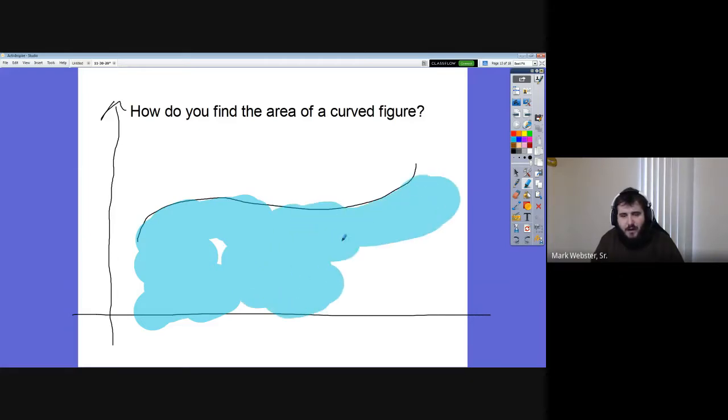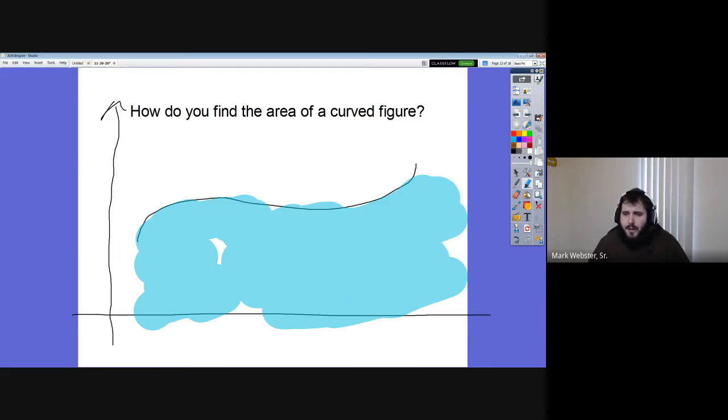If we've got a shape that we know, like if it turns out to be a triangle or rectangle or a trapezoid or something like that, then yeah, we can just do it that way. Don't be afraid to break it down into things that you know from geometry. But here, it's not a shape that we know.